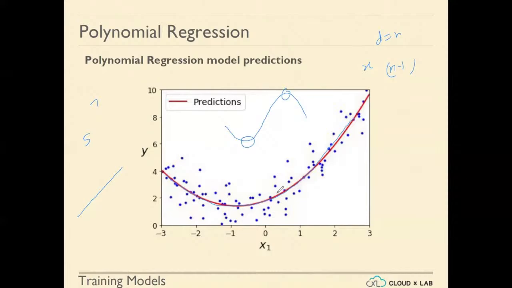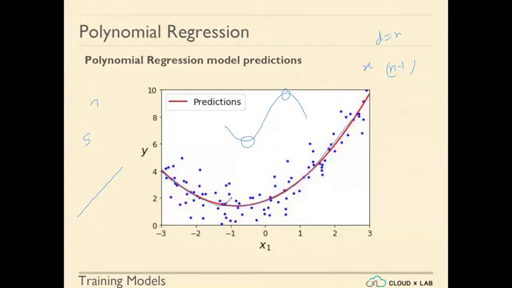So what will regularization do? Regularization will penalize the coefficients of the polynomial terms in such a way that the model will become smooth, right? I will discuss regularization later.